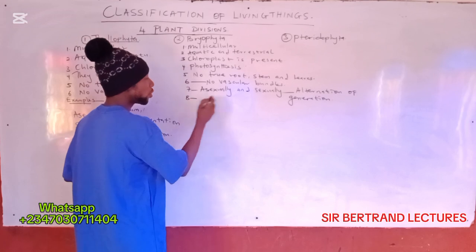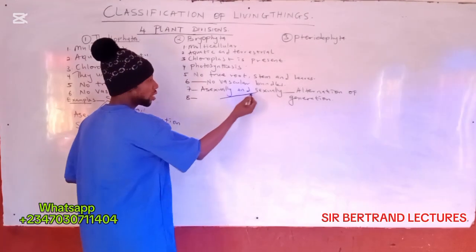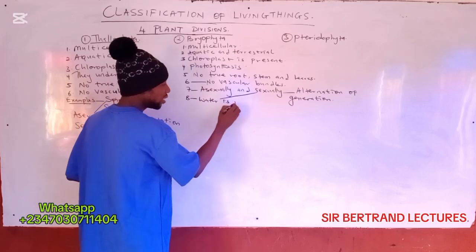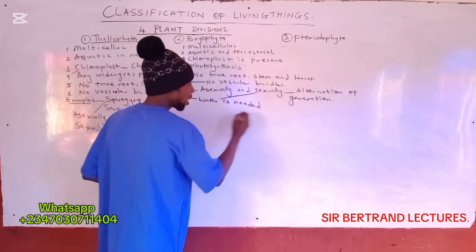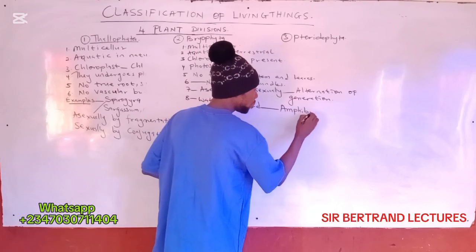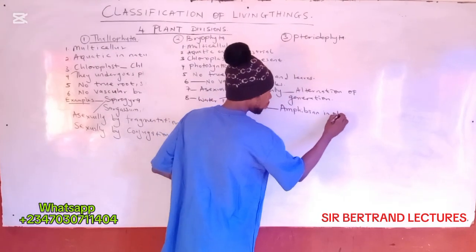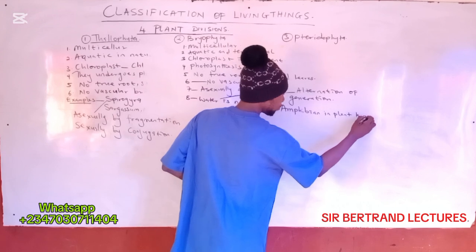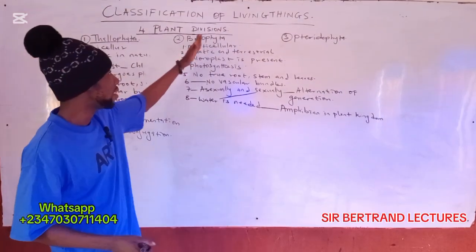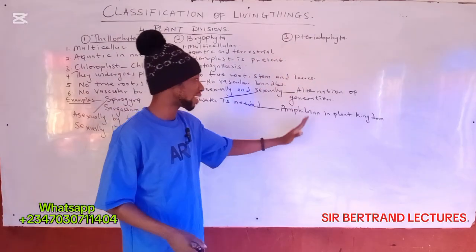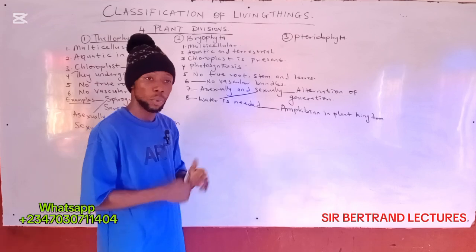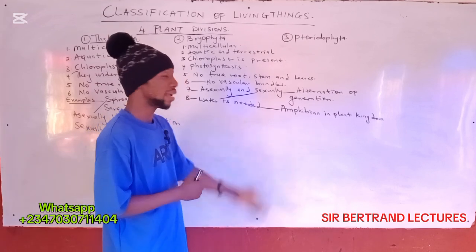Okay, now for sexual reproduction to be possible, water is needed. And because of that reason, they are known as amphibians in plant kingdom. Bryophyta and Pteridophyta are known as amphibians in plant kingdom because they require water for sexual reproduction to be possible in them.